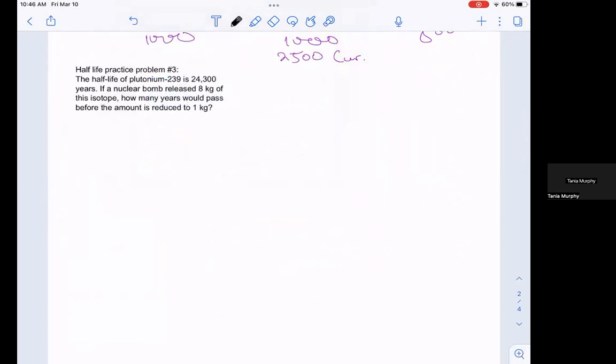Okay, this one's going to come a little bit different. The half-life of plutonium-239. This number is not important in terms of solving the problem. It is simply part of the name of the radioactive isotope, right? It's part of its name. What is important is this: 24,300 years is the half-life, right?